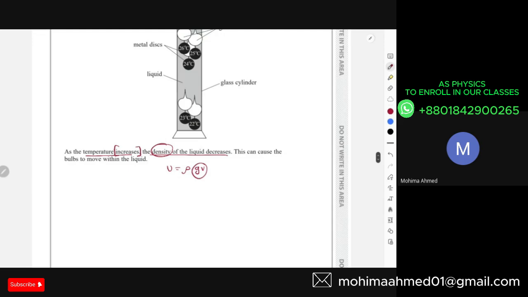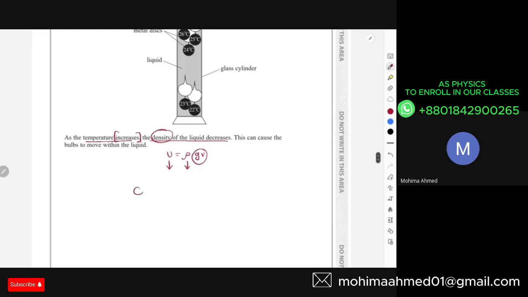And if for a higher temperature you get a smaller density, that means you get a smaller upthrust also, right? Inside any liquid there are two forces acting, weight and upthrust, always.